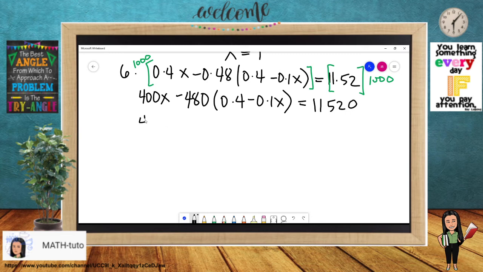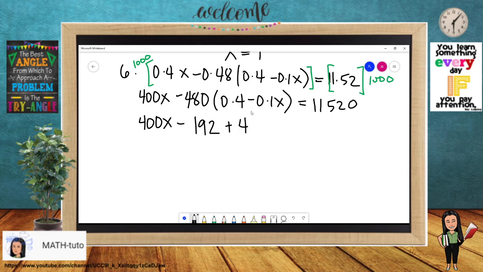Okay, distribute natin 400x. Kagaya nung na-mention ko kanina, dahil 1,000 na yung ginamit natin, pag minultiply natin to, dapat wala na tayong decimal place dyan. Okay? Kasi nga, kinount na natin yung magiging result niya kung ilan dun sa multiple ng 10 na pinang-multiply natin. So, 480 times 0.4 is ilan? 192. Okay? And then, 480 times 0.1 is 48.